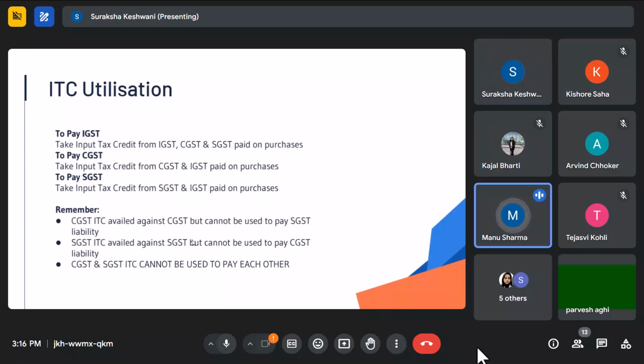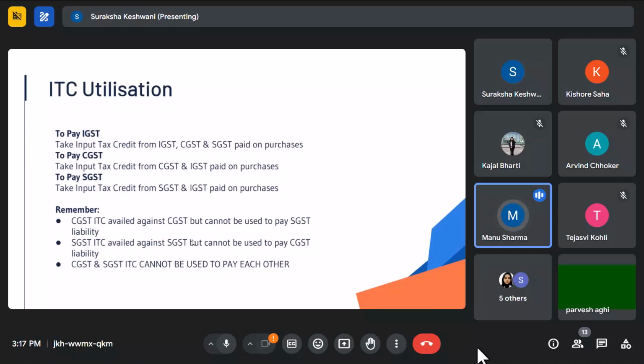So how can a person utilize their ITC? If a person wants to pay their IGST, they can use their input tax credit from inward supply of IGST, CGST, and SGST. If they want to pay their CGST liability, they can use the ITC available from CGST and IGST.